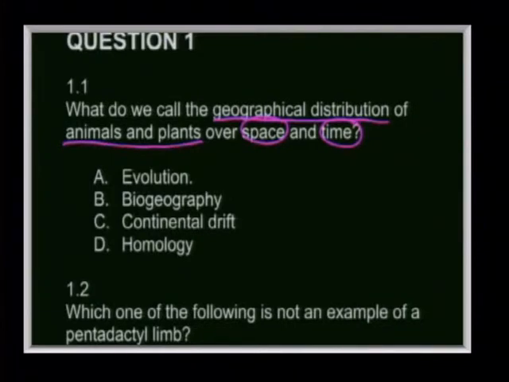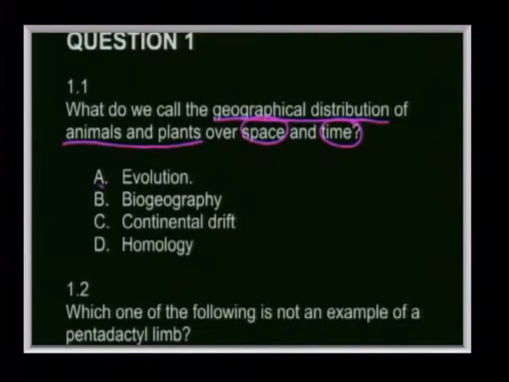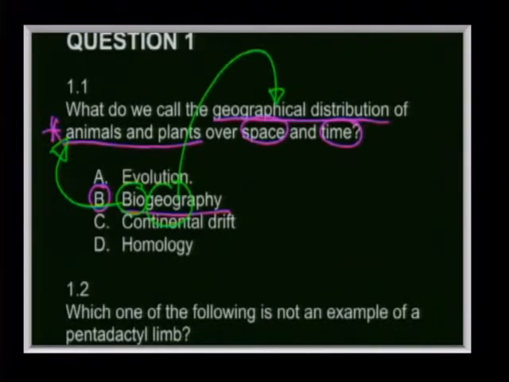Based on our terminology or definitions discussed earlier, you of course know that the correct answer is biogeography. So biogeography: the bio relating to the life, and the geography relating to the geographical distribution. So that is the correct answer for question 1.1.